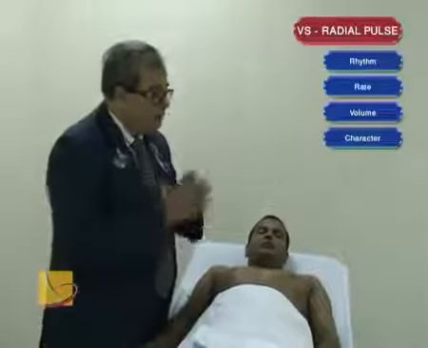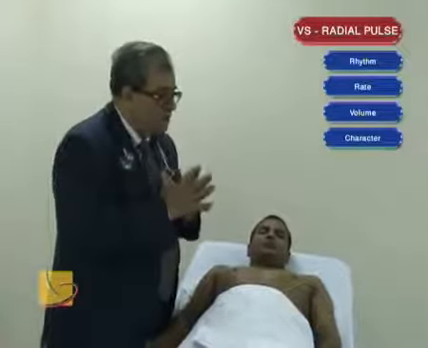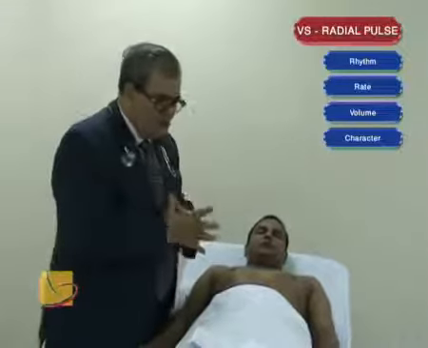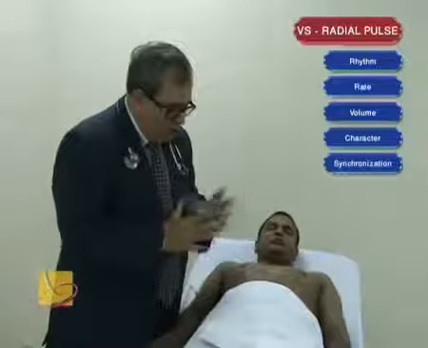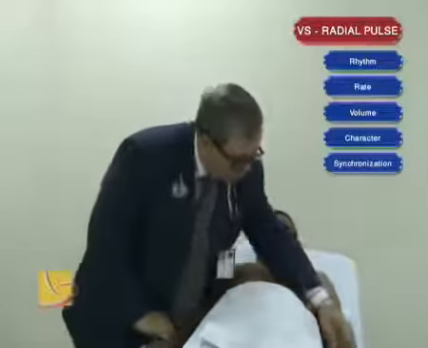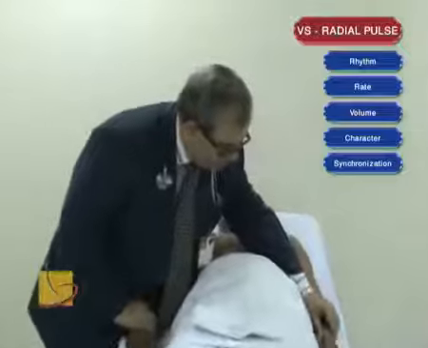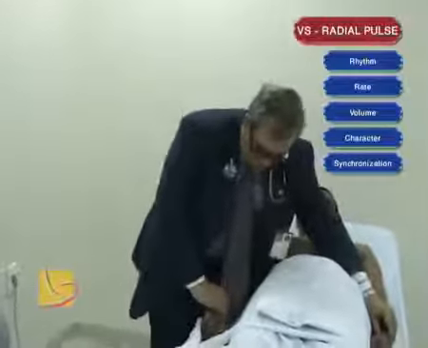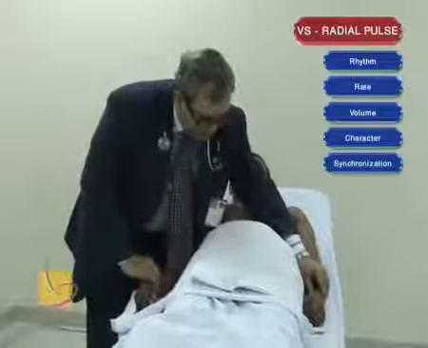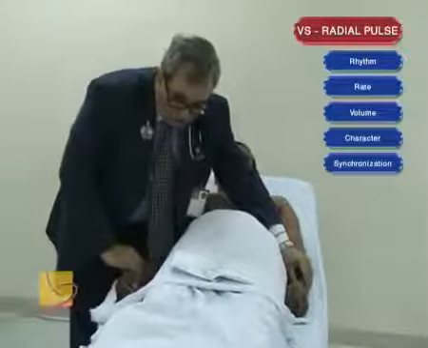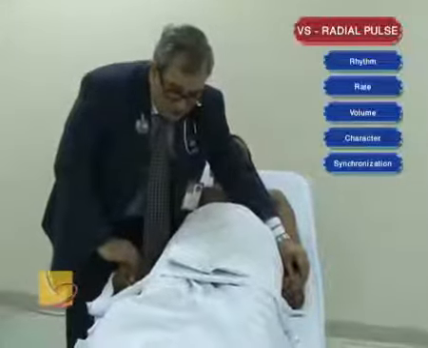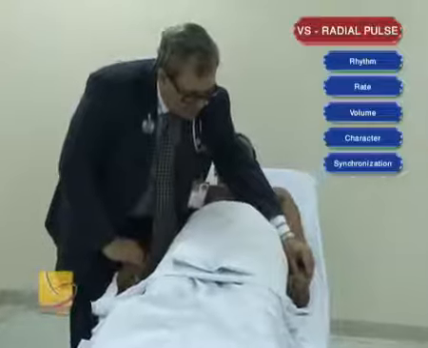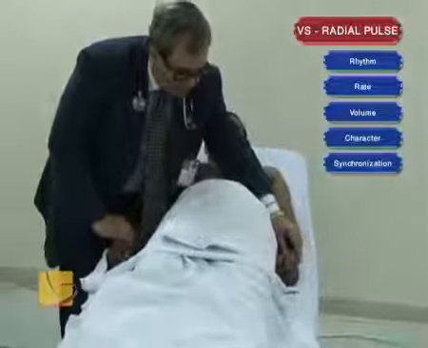Then we have to find if the 2 radial pulses are synchronized or not by palpating the 2 radial arteries in the 2 sides or the 2 arms of the patient. This is the same way as the radial pulse, but here for my convenience as a physician, I have to feel the radial pulse here with the thumb, and my fingers are on the other side.